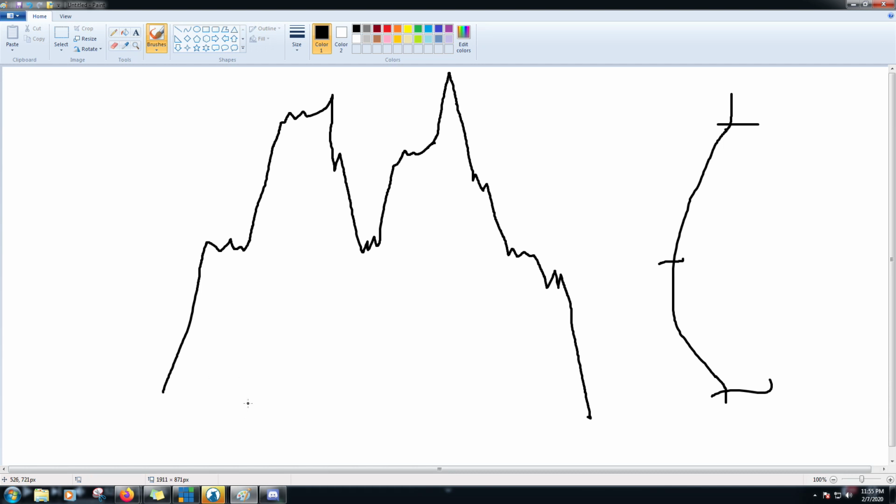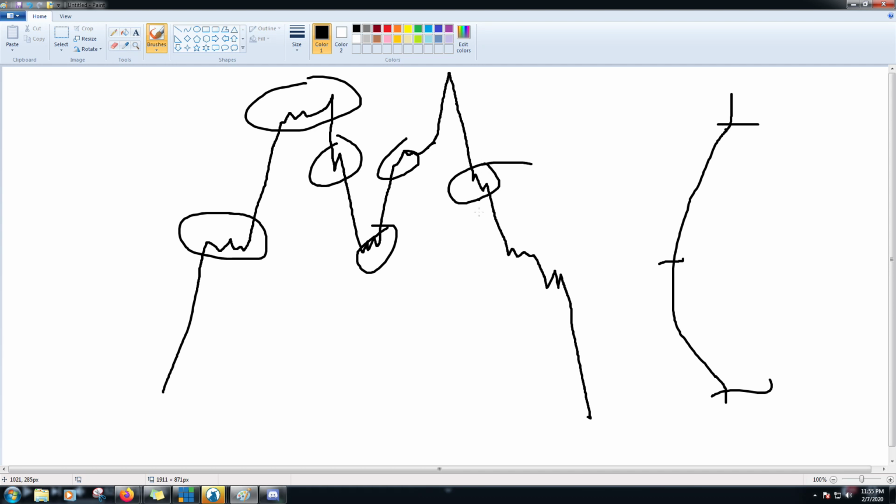Now, if you zoom in on a macro, this type of price action happens in the big picture and it happens in the small picture too. This pattern is happening here, here, here, here, here, here, on a smaller scale within the larger scale. It's like looking at a daily chart.